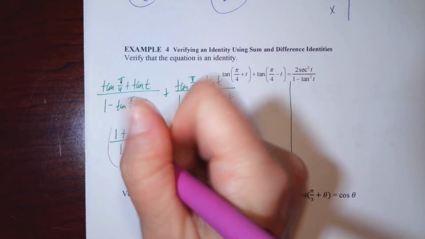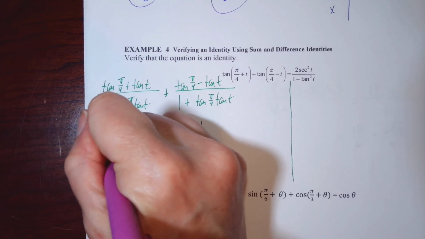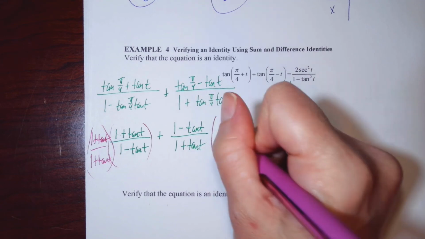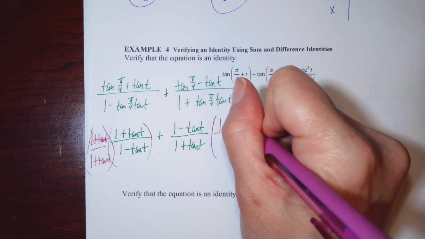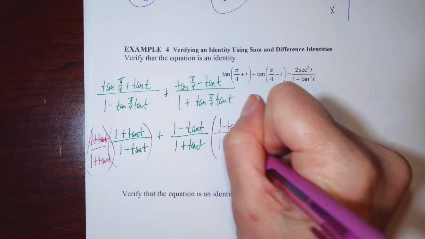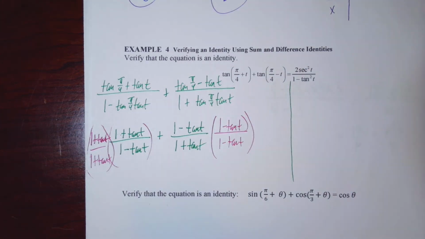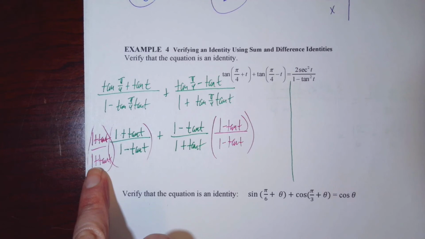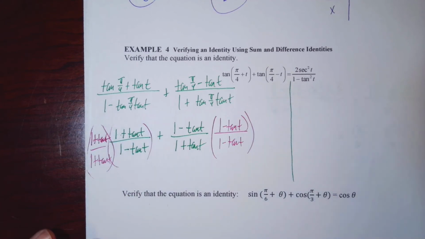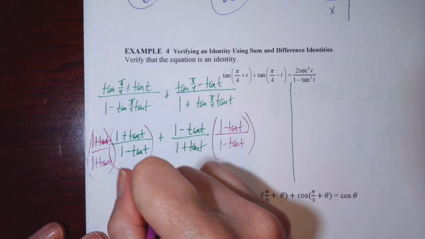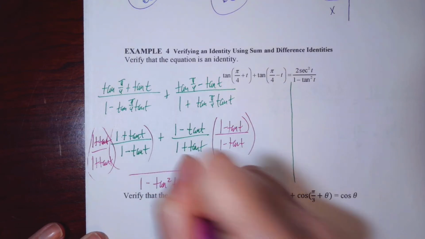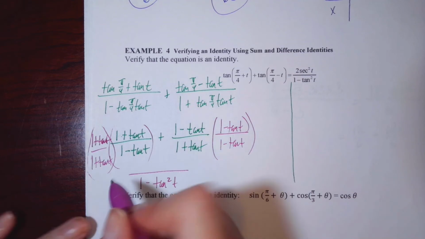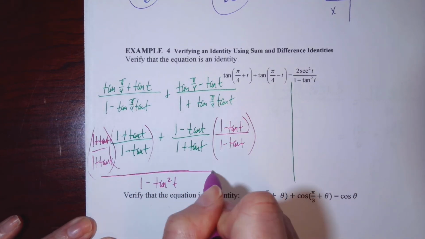If I take this first and multiply by 1 plus tangent t over itself, and I take the second one and multiply by 1 minus tangent t over itself, I get my common denominator, the difference of squares, 1 minus tangent squared t. So let's set that up, 1 minus tangent squared t is my denominator. We are in really good shape here. So let's FOIL out these numerators and see what we get.